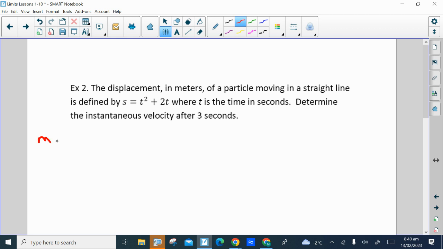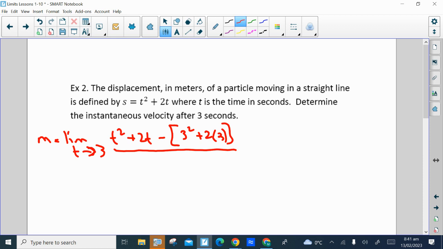So if we use that first limit formula again, because you can use either one, it doesn't matter. In this case, it'll be the limit as t approaches 3 of f(t), which is t squared plus 2t, minus f(a), which in this case would be 3 squared plus 2 times 3, all over t minus 3.